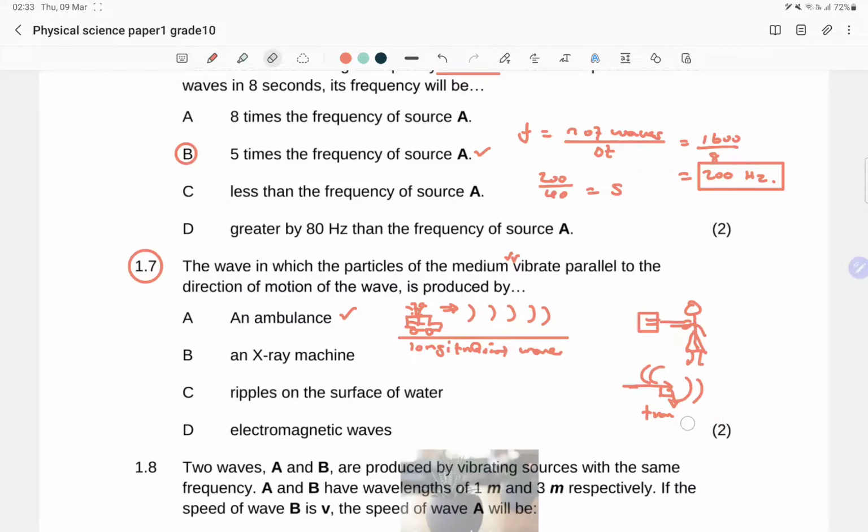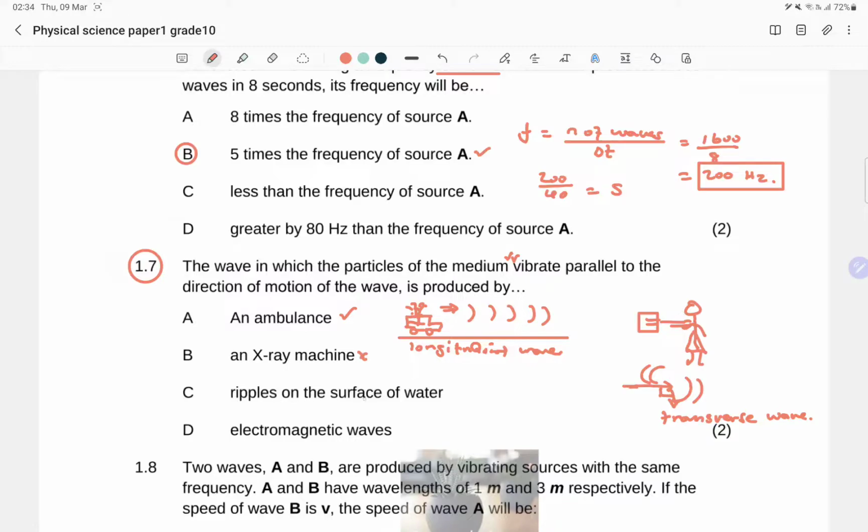So this would cause what we call a transverse wave, because what we know is that the disturbance is basically perpendicular to the propagation of the wave or the pulse. Okay, great. Easy stuff. So it can't be an X-ray.